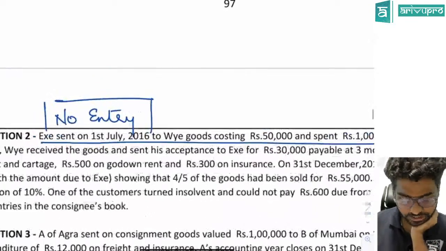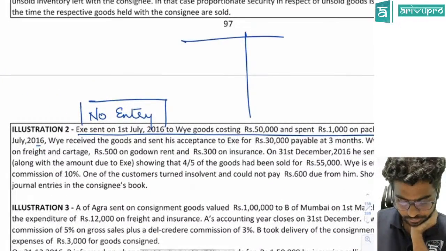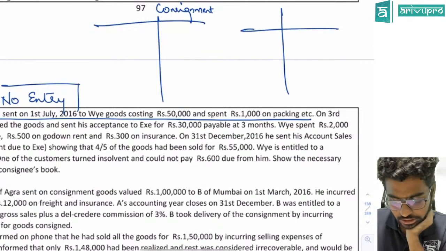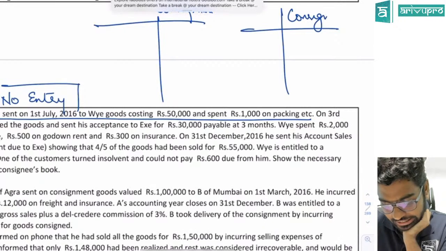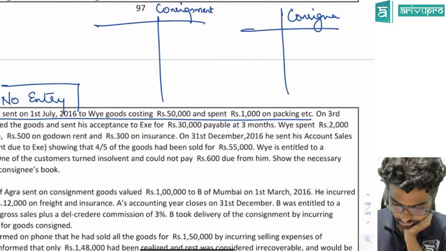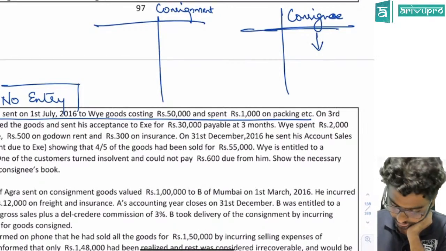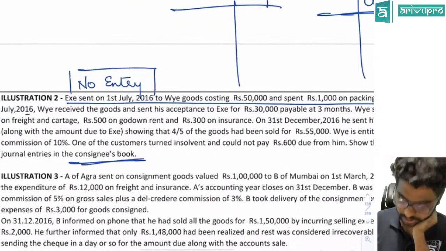Now, guys, you need to understand, when I did two ledgers, I did one ledger called consignment ledger, other ledger called consignee ledger, correct? Only the consignee ledger will come in the consignee's books.